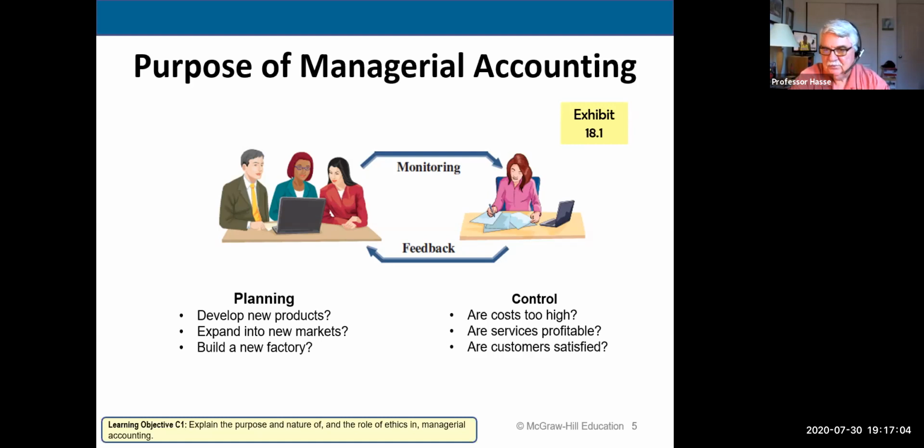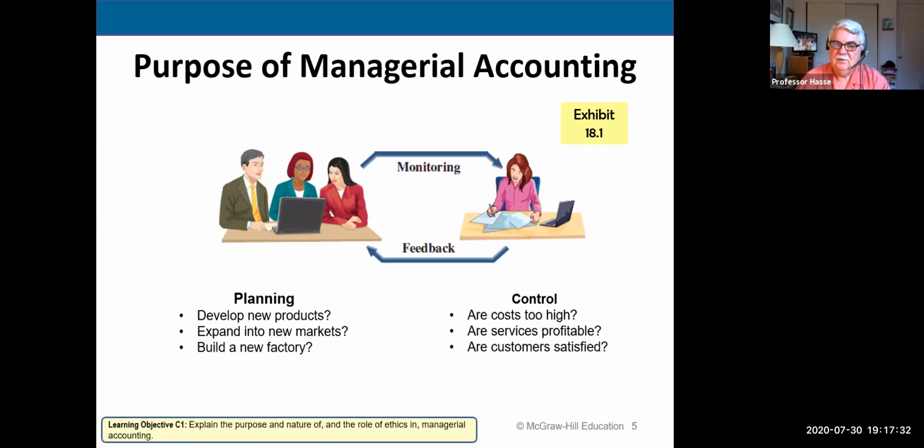Successfully recording business transactions and putting them into financial statements to show the world what happened. Managerial accounting is taking this information and providing managerial assistance about costs of products. Are we profitable? Are our customers satisfied?